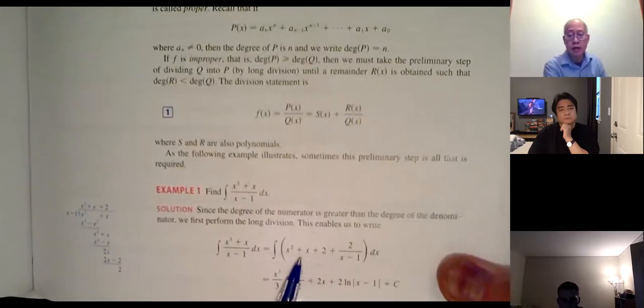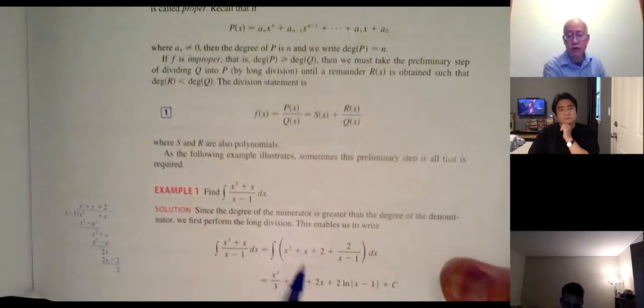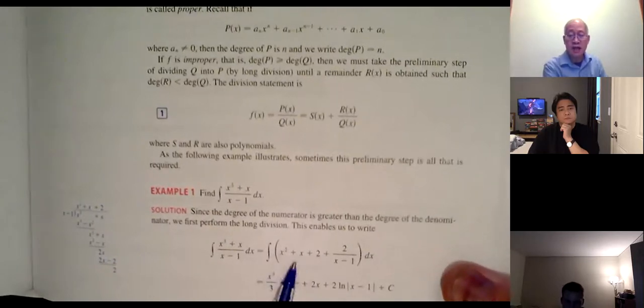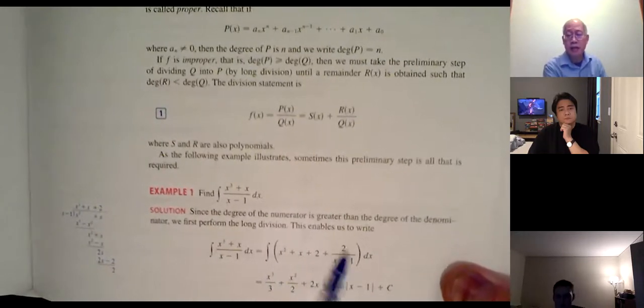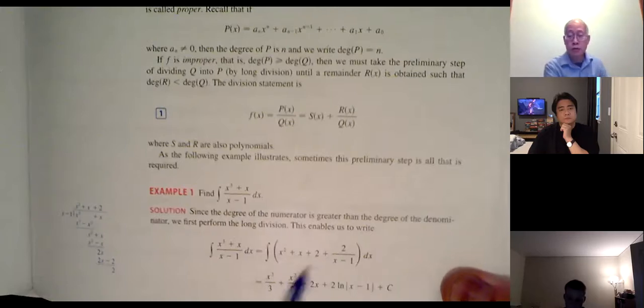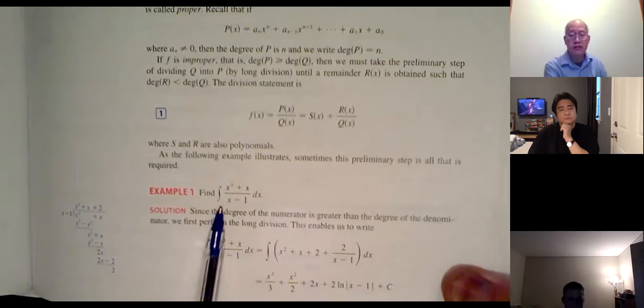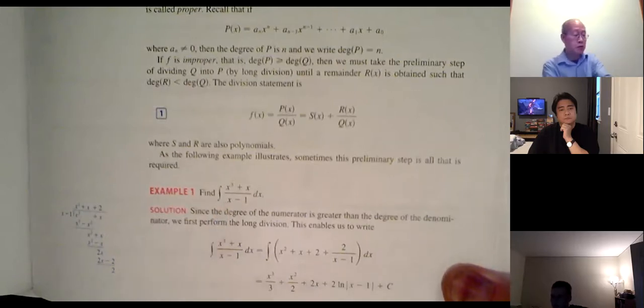We'll be doing some problems like that. And then this becomes fairly straightforward. You have this, that's easy, that's easy, that's easy. Anytime you have something like that, that's going to be a natural log. To integrate that, that's 2 times 1 over x minus 1, 2 times ln absolute value of x minus 1 plus c. So there's a certain class of problems like that. But the main idea behind partial fractions is something more difficult, and we'll look at some problems involving that.